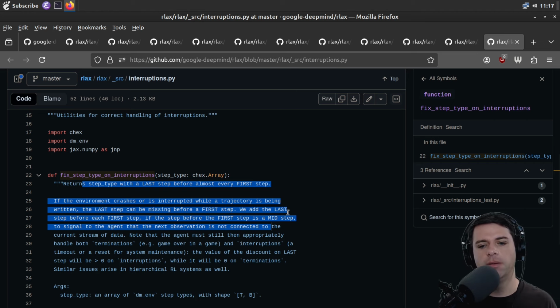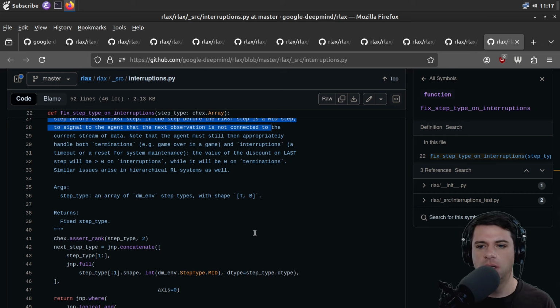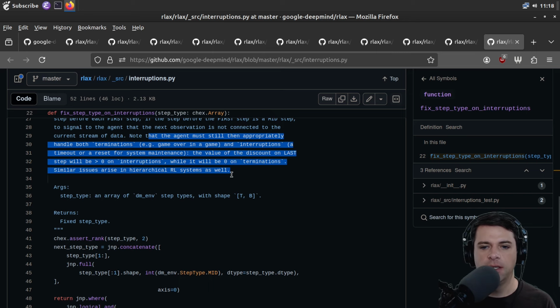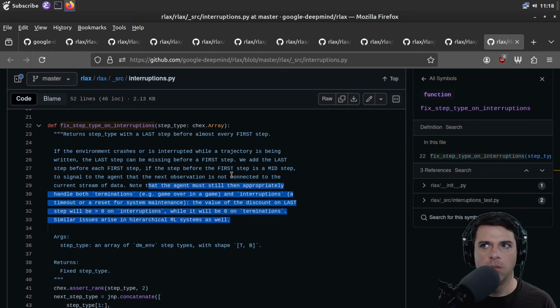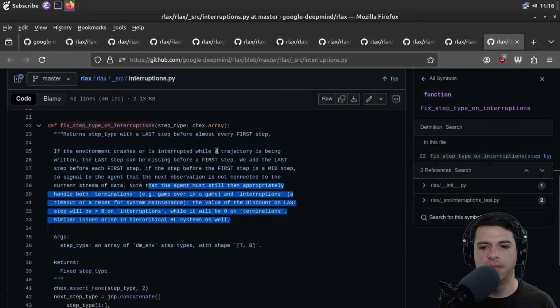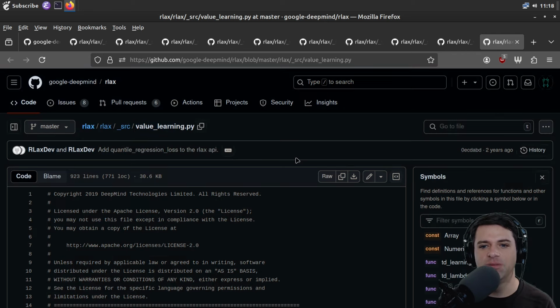Okay, weird. Why is it doing this? I'm not sure. Note that the agent must still then appropriately handle both terminations, for example, a game over in a game, and interruptions, a timeout or reset for system maintenance. Okay, so I guess this is like people on Borg interrupting their jobs and they need to resume or something.